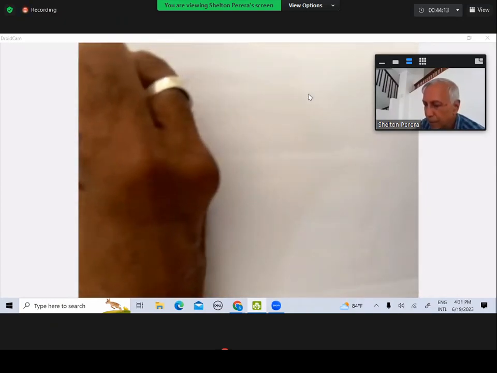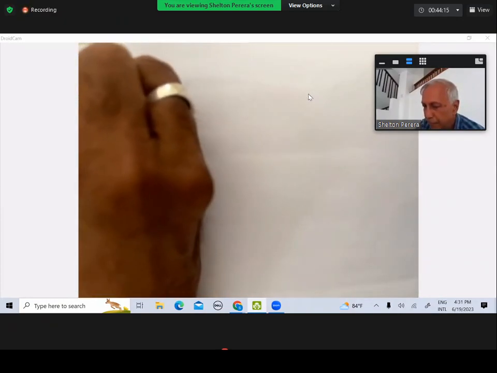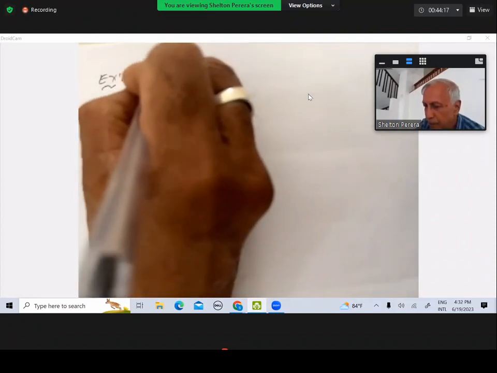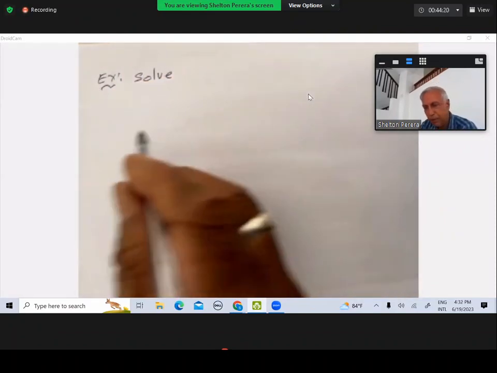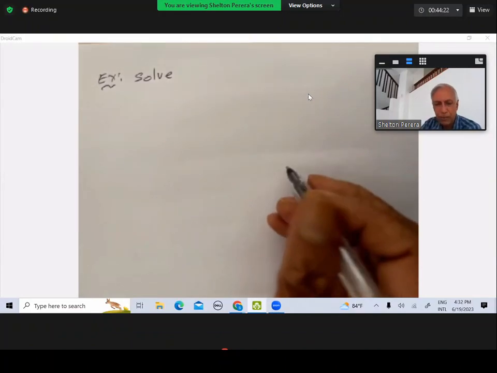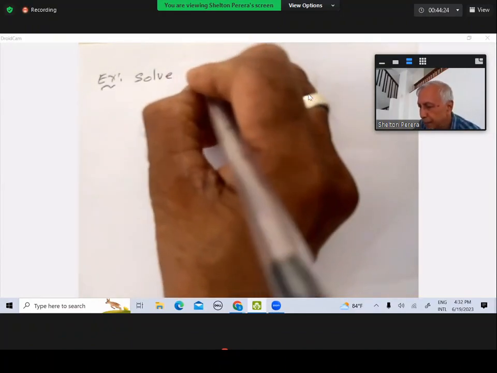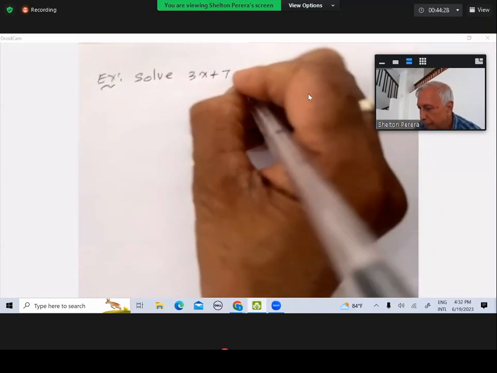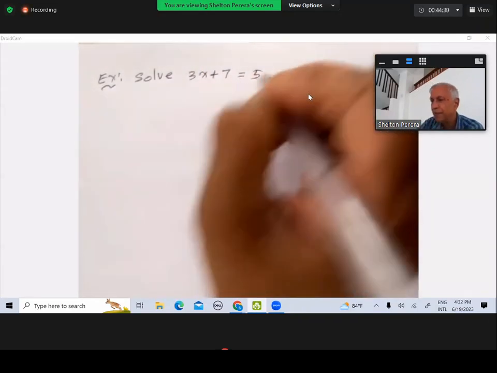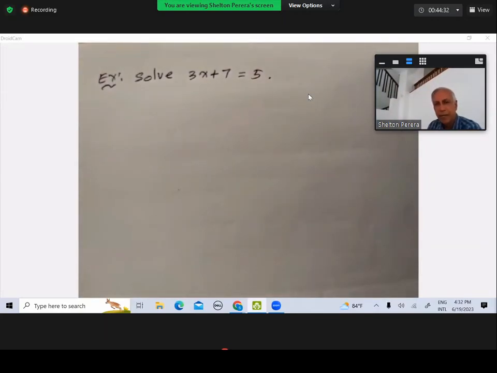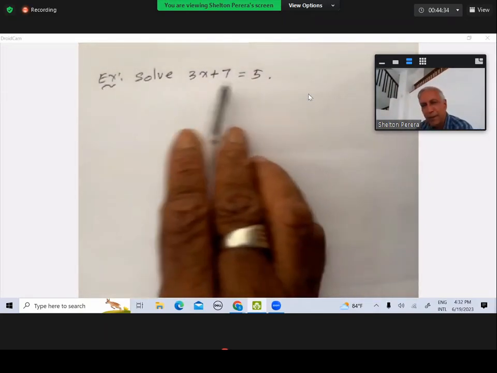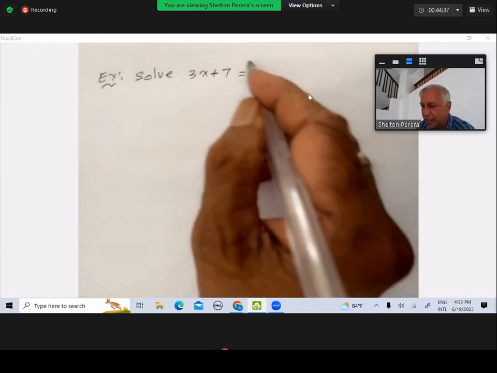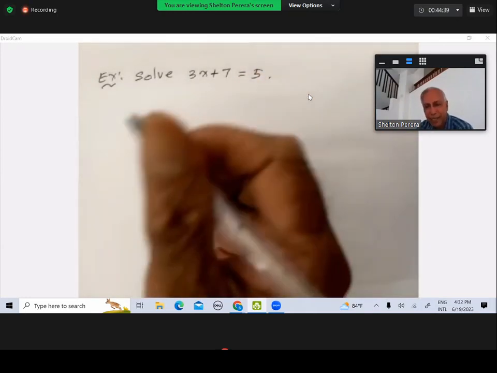So example, solve, that is how they are given, solve or find the solutions of. Solve the equation 3x plus 7 equals 5. As it is, it's not linear, but if you take this term to this side, it becomes a linear equation.